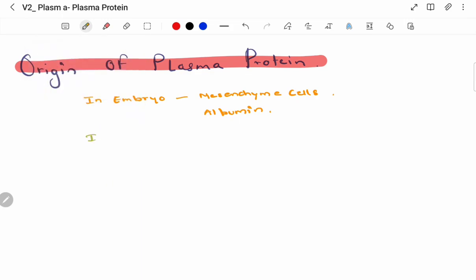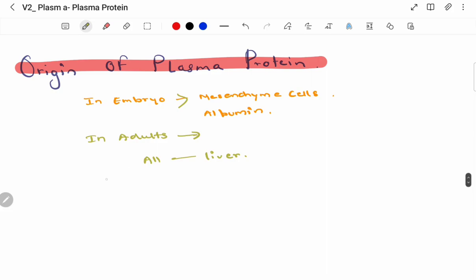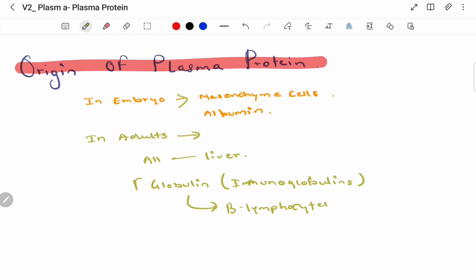In adults, all the plasma proteins are synthesized from the liver except one, that is gamma globulins, which are also known as immunoglobulins. These are synthesized from B lymphocytes. Some amount of plasma protein is also synthesized from the spleen and bone marrow.